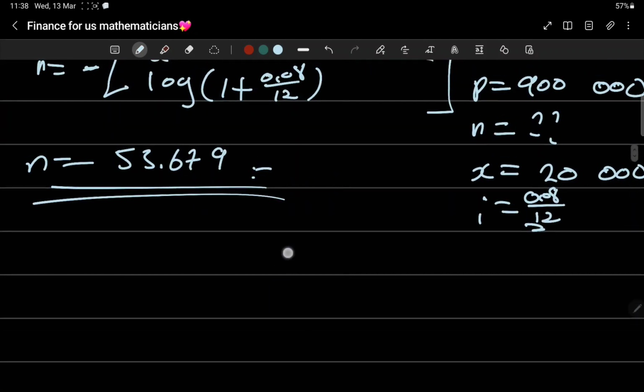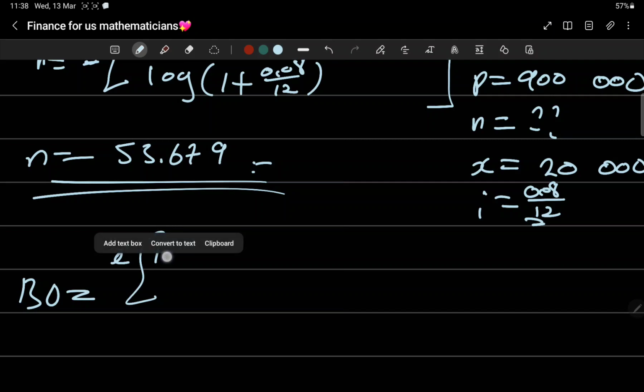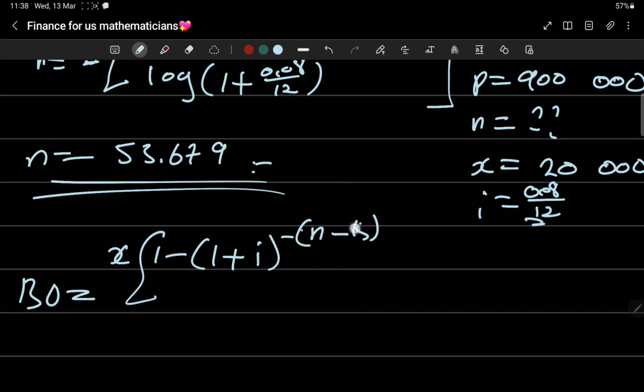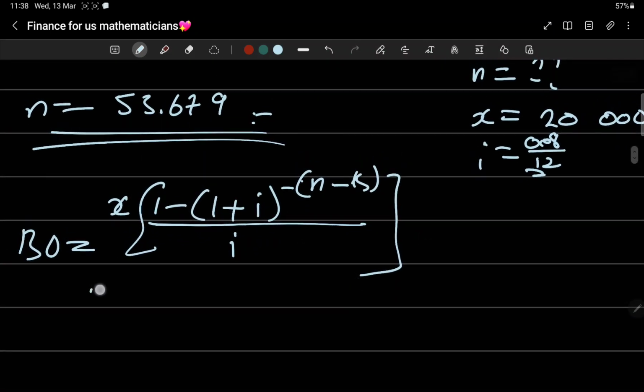So let's see the outstanding balance. That formula says balance outstanding equals X times 1 minus 1 plus I to the negative, open brackets, n minus k, everything over I. It is not n plus k, it's n minus k. The monthly payment is the 20,000 he's paying.